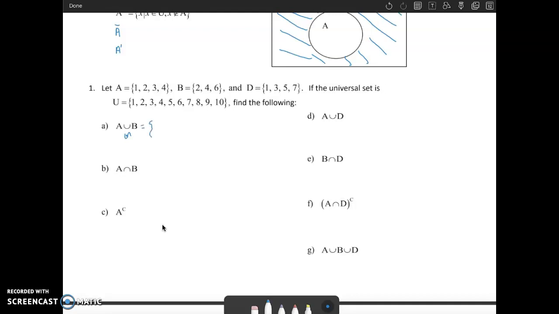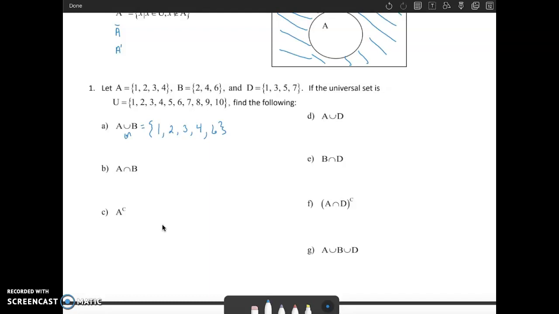And what I want to write down is every element that is in A or in B. So 1 is in A, 2 is in A, 3 is in A, and 4 is in A. Now I go look at B, I already have 2, and I already have 4. I don't double list, so the only additional element I need to write down is 6. And that is A union B.